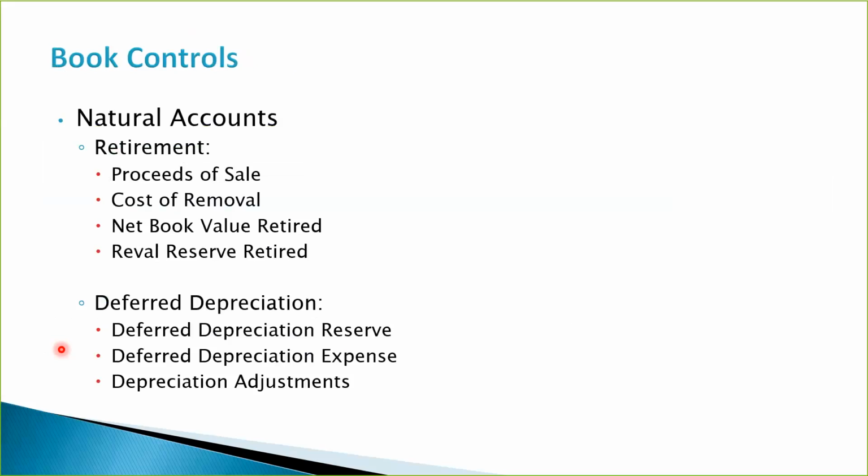If you're going to retire an asset, there are various reasons why you're retiring these assets. It could have been fully depreciated and come to the end of its useful life, so you're just disposing it. It could have been stolen, all right? So when it's stolen, it is off your books, so you have to retire it.